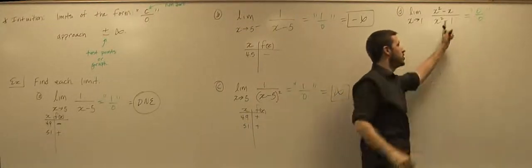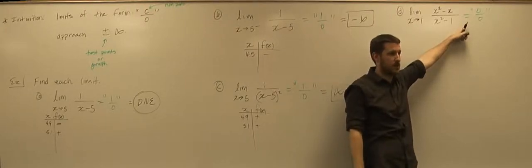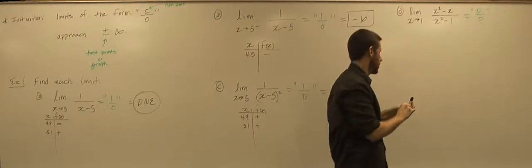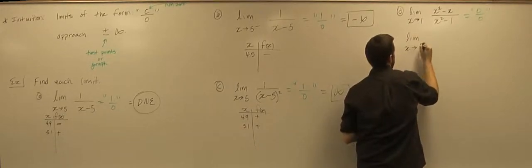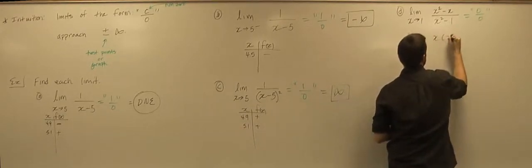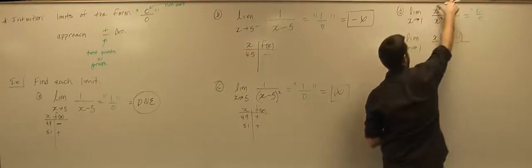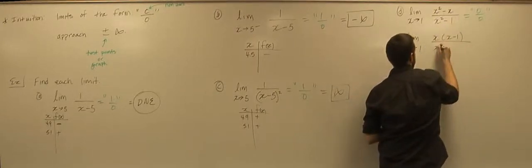So what might you do to help you simplify this? Factor. Right? When you get 0 over 0, you've got to do a little more work first. So limit as x goes to 1 of x times x minus 1, and x comes out on top, difference of squares on bottom.